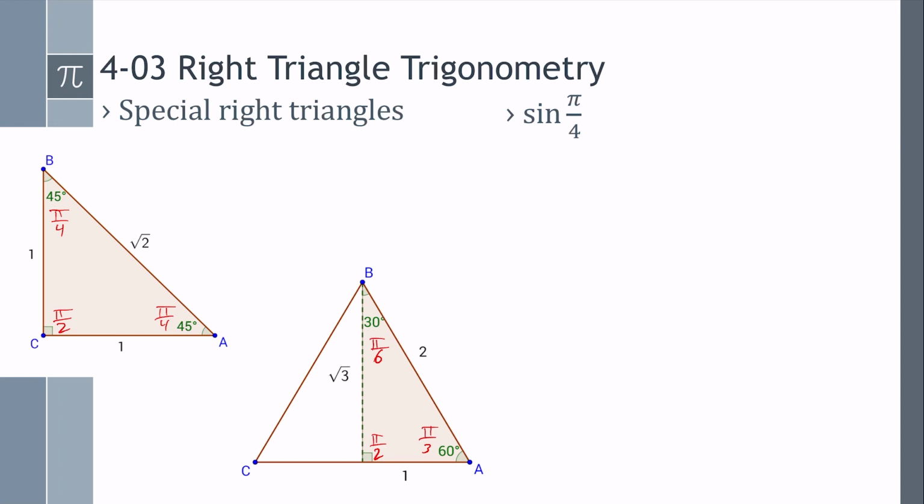So let's find sine of pi over 4. Sine is the opposite over the hypotenuse. So pi over 4, the opposite is 1, and the hypotenuse is square root of 2. Have to rationalize that, so it's square root of 2 over 2.